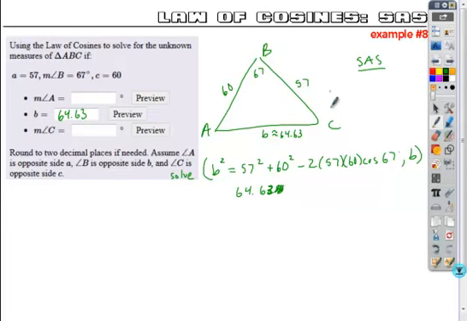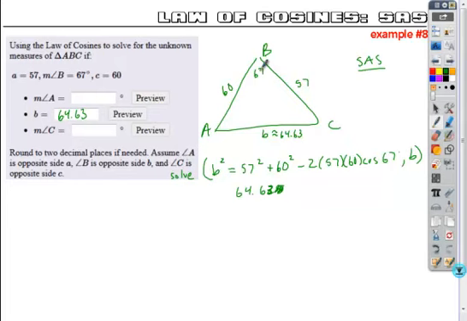In this triangle as a whole, the largest side is opposite the greatest angle, right? Are either of A or C the largest angles? B is opposite 64, so you know that B is the largest angle.